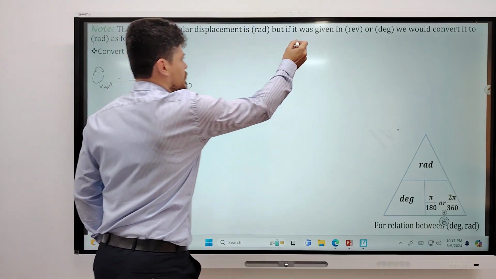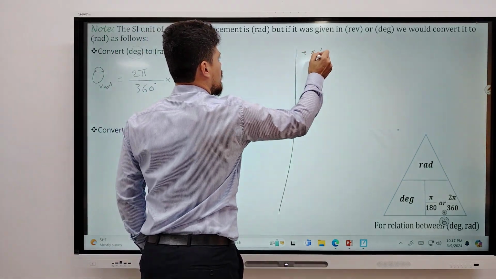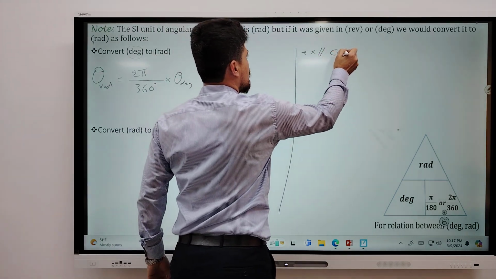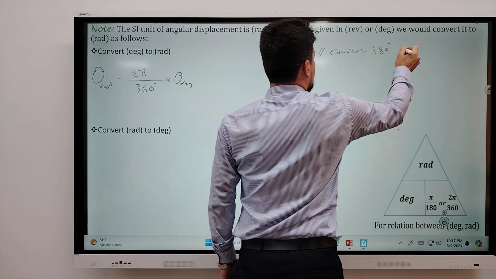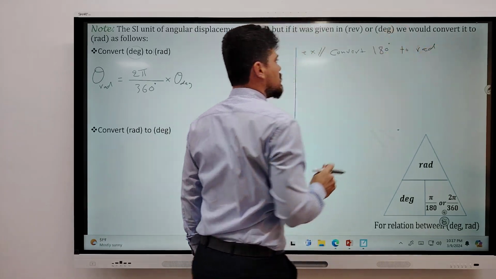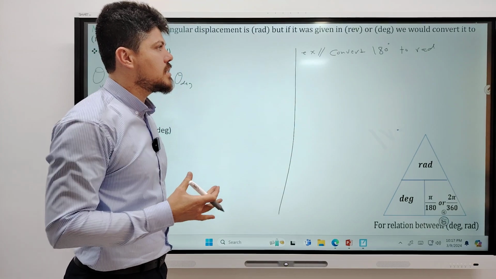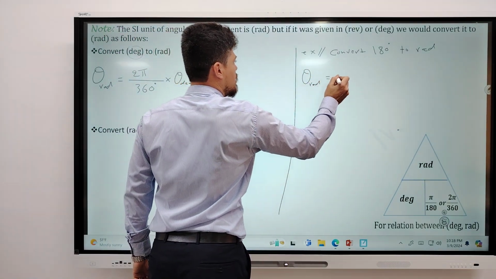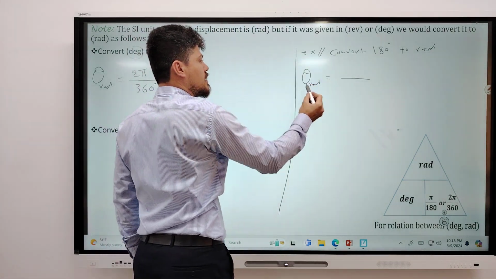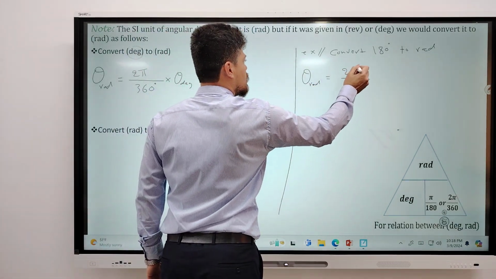For example, convert 180 degree to rad. How can you convert 180 degree to rad? At first, you have to write down the equation. To find theta in rad, write 2 pi.